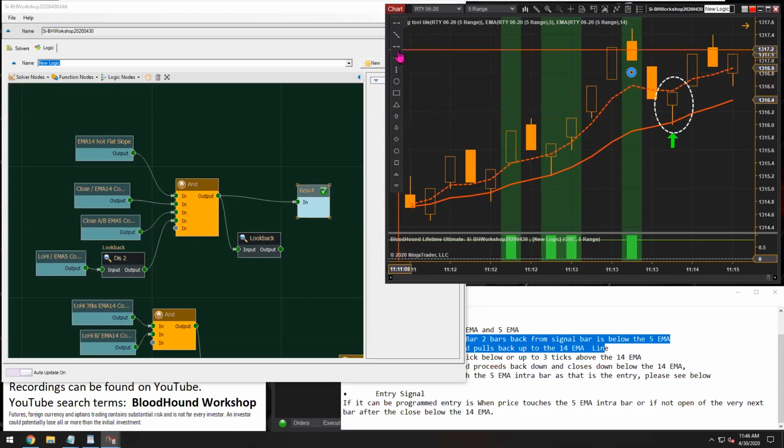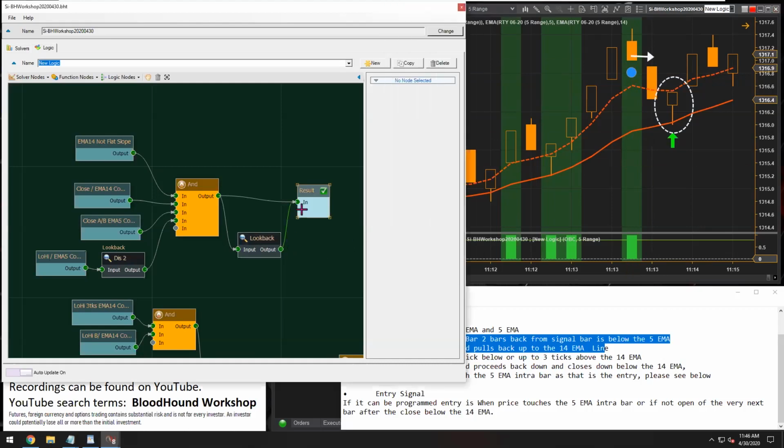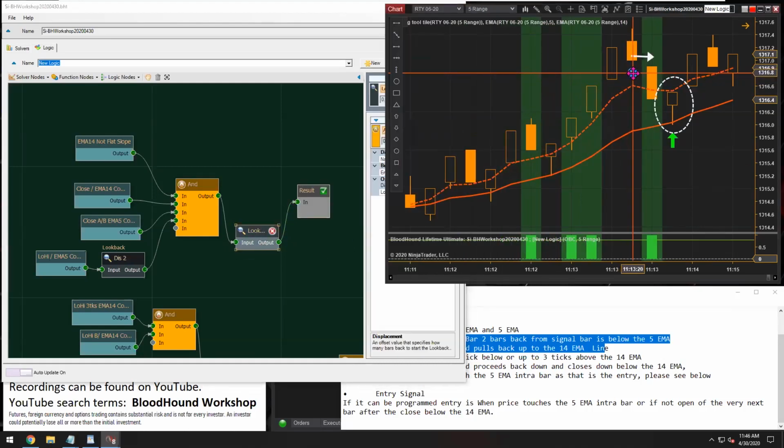And we know we at least need to take this and shift it forward 1 bar. And probably the chances are pretty low that this next bar will actually be the signal bar. But we at least need to shift this forward 1 bar. So that's what we've done with the look back, right? We've taken this signal, shifted it forward onto the next bar.